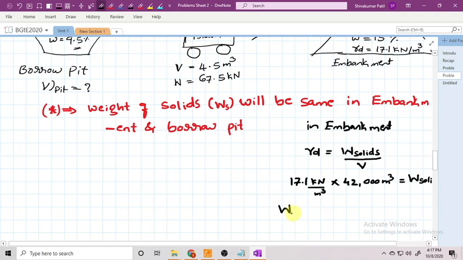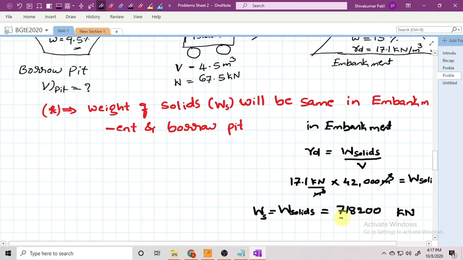Sometimes I will write WS, or sometimes I will write the full word solids. Weight of solids, Ws, equals 17.1 into 42,000. The cubic meter will cancel, so I will get the answer in terms of kilonewton. 17.1 into 42,000, so you should get around 7 lakh 18,200 kilonewton.